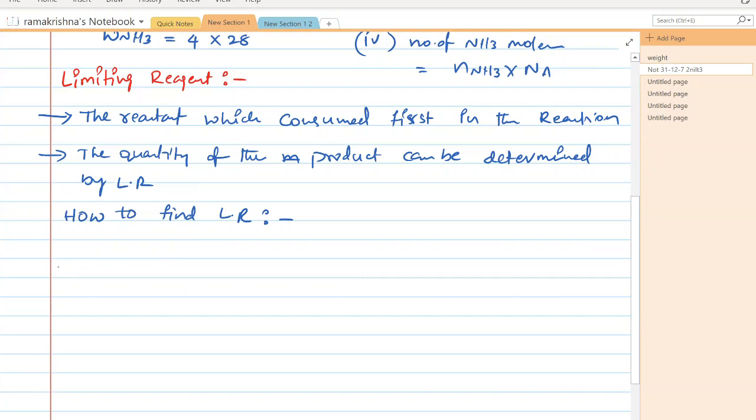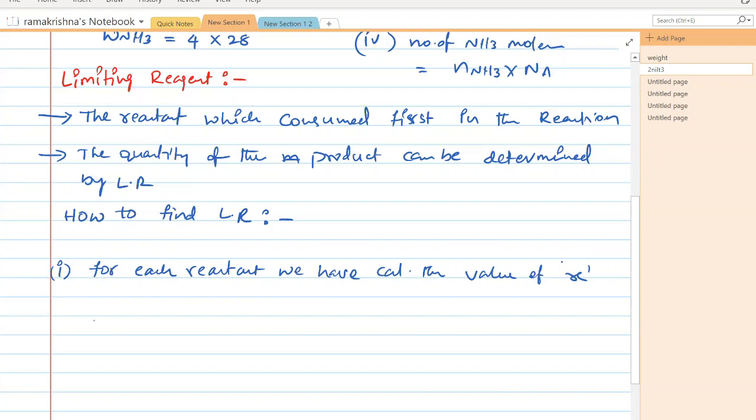So first, step 1, for each reactant, we have to calculate the value of x.